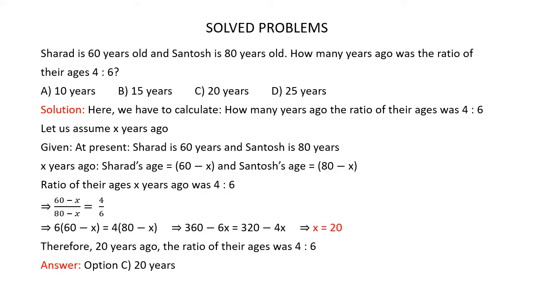This means (60 minus X) divided by (80 minus X) is equal to 4 divided by 6. On cross multiplication, we get 6 multiplied by (60 minus X) is equal to 4 multiplied by (80 minus X). On solving, we get X is equal to 20. So 20 years ago, the ratio of their ages was 4:6. The correct answer is option C, 20 years.